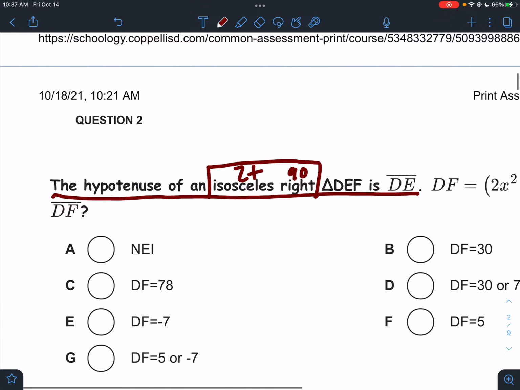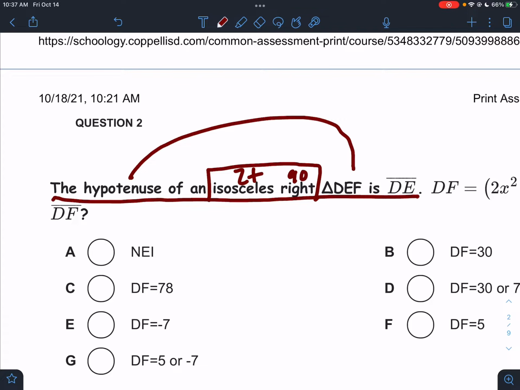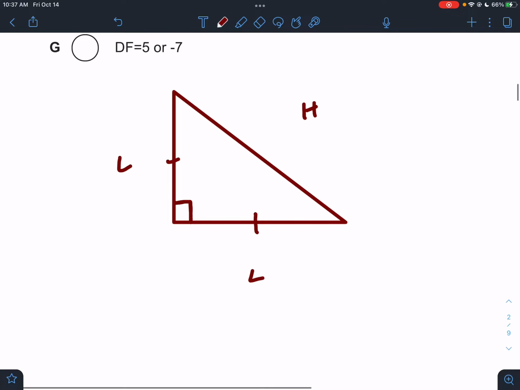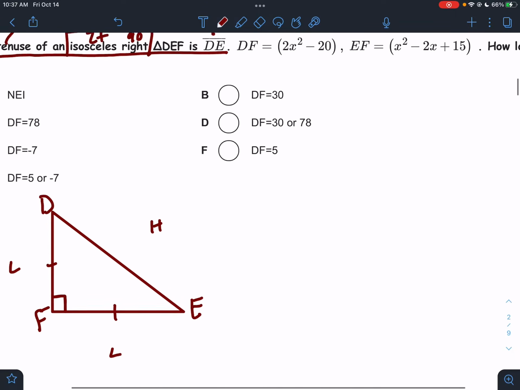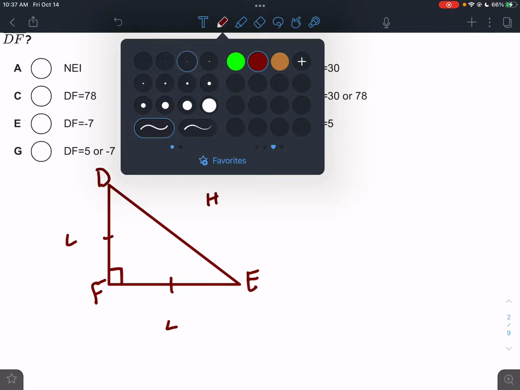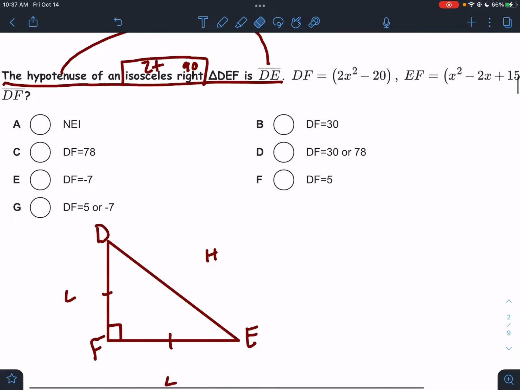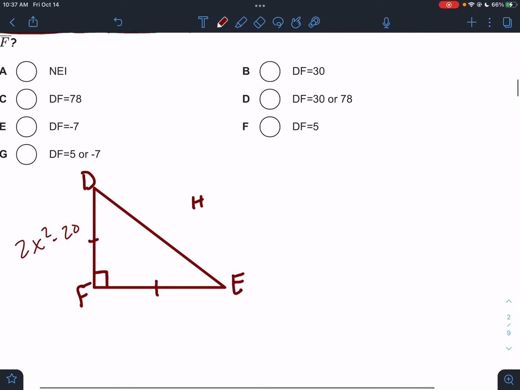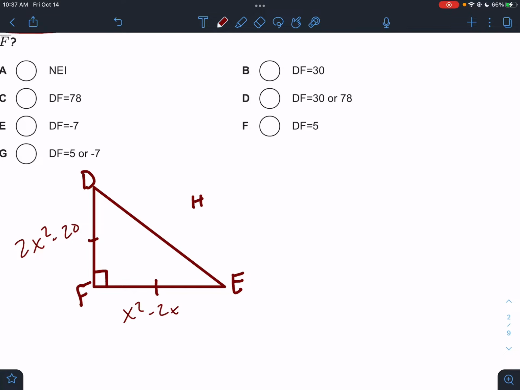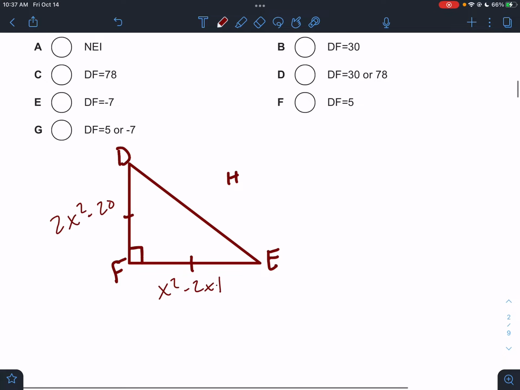And let's read it. It says that the hypotenuse is DE. So the hypotenuse has to be my D and my E, which means F has to be the right angle. Okay, well, they tell us that DF is 2x squared minus 20, and EF is x squared minus 2x plus 15.